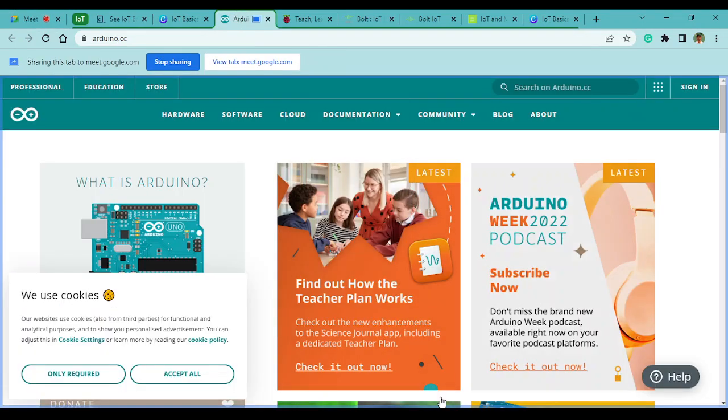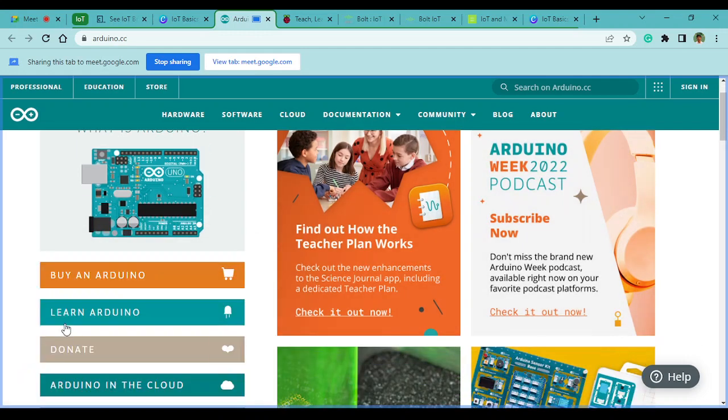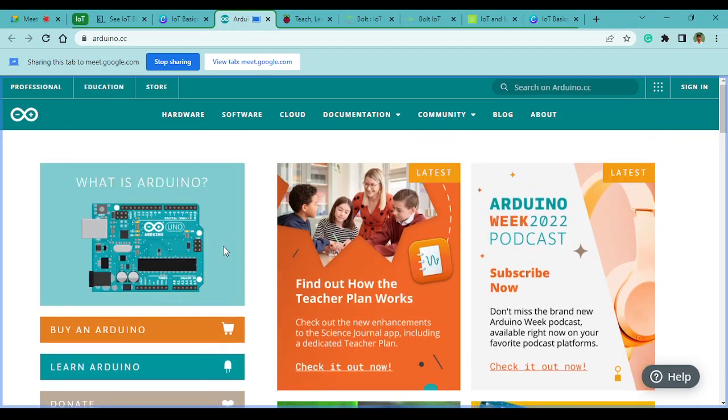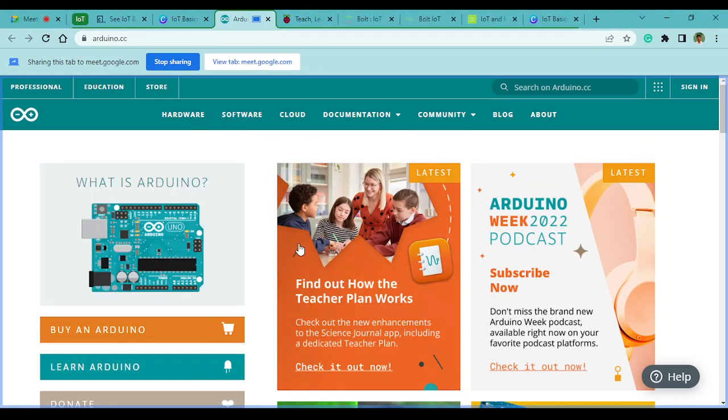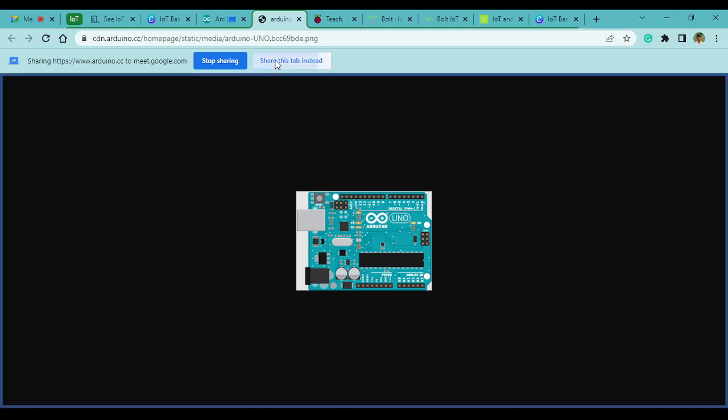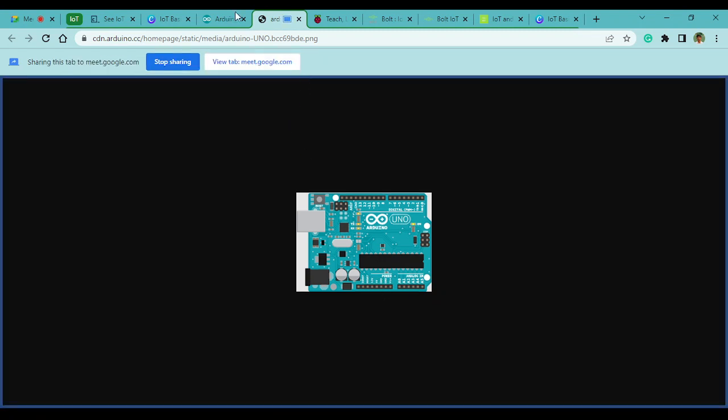Okay, cool. So Arduino is a great set of microcontrollers, where you can use these integrated circuits to build several projects that we can use in the real world. Let me show you. I think it's visible, right?